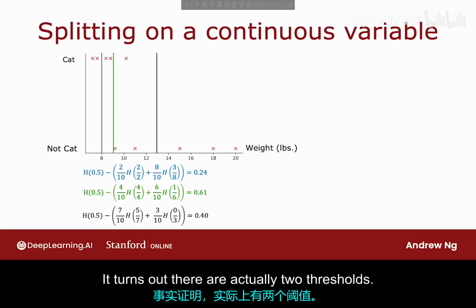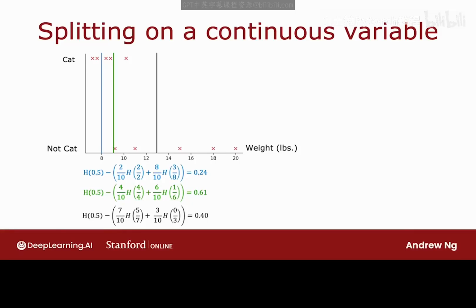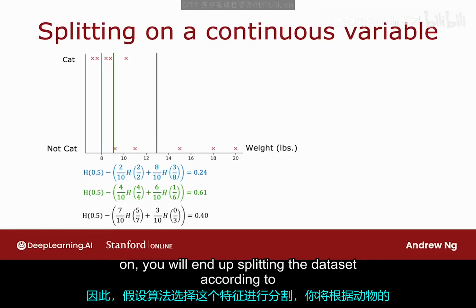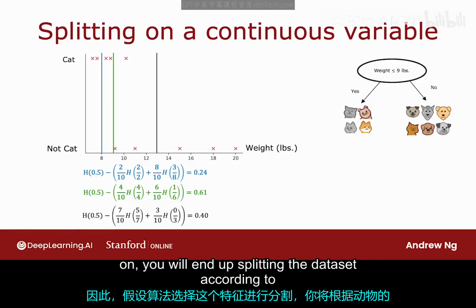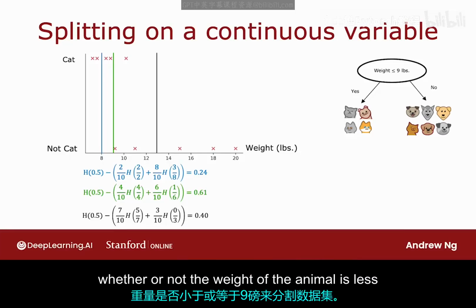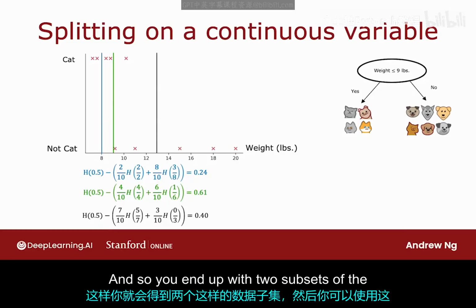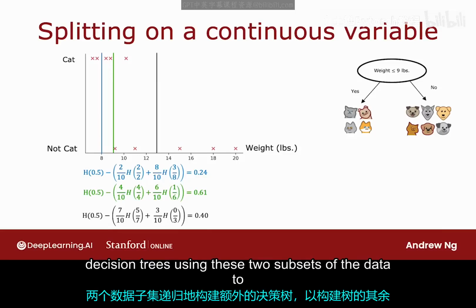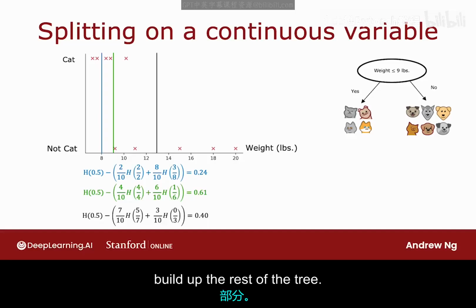And so, assuming the algorithm chooses this feature to split on, you would end up splitting the dataset according to whether or not the weight of the animal is less than or equal to 9 pounds. And so you end up with two subsets of the data like this, and you can then build recursively additional decision trees using these two subsets of the data to build out the rest of the tree.